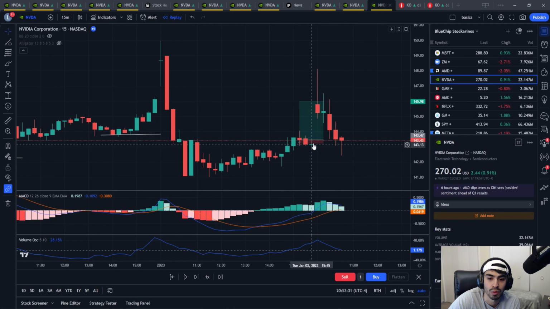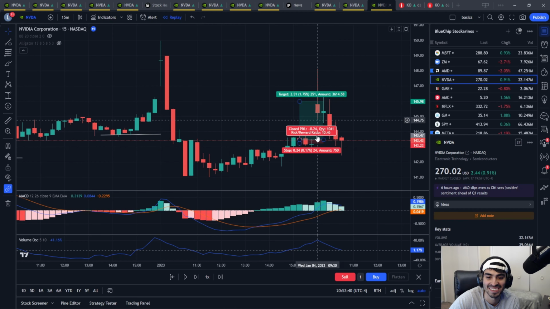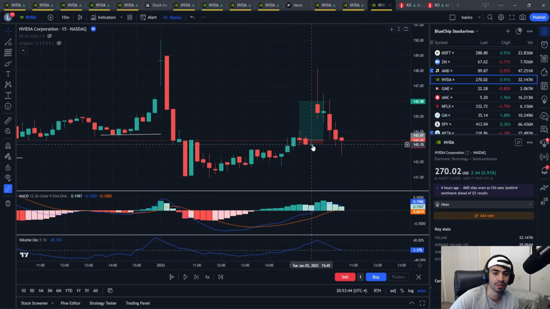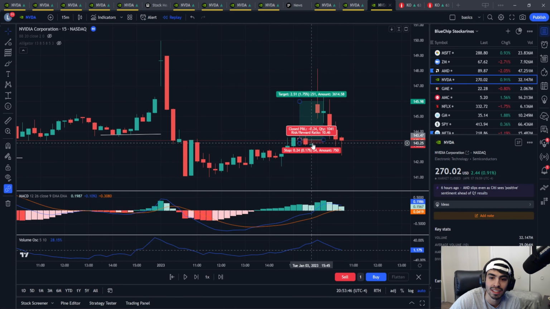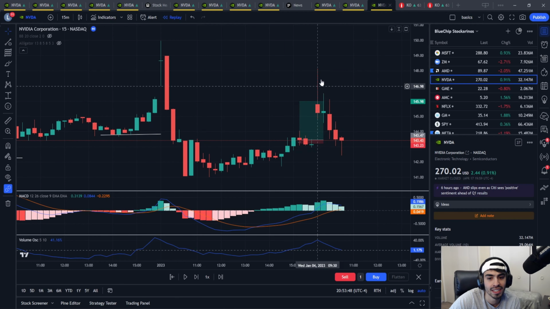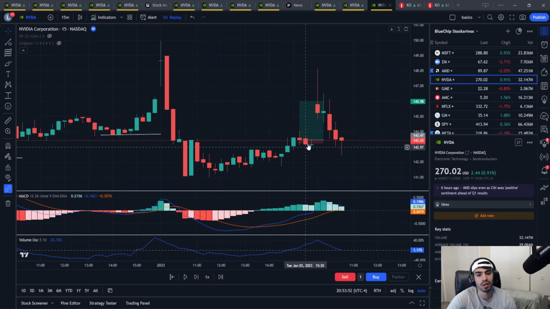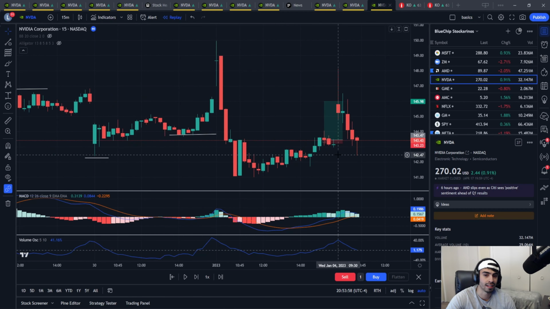On one day, there was a huge jump. I don't know what's going on here. It was on a Tuesday. Somebody was just really feeling Nvidia, or people were. I don't know. This is just really weird. Technically there was a huge positive correction, but then it immediately just started going down again.